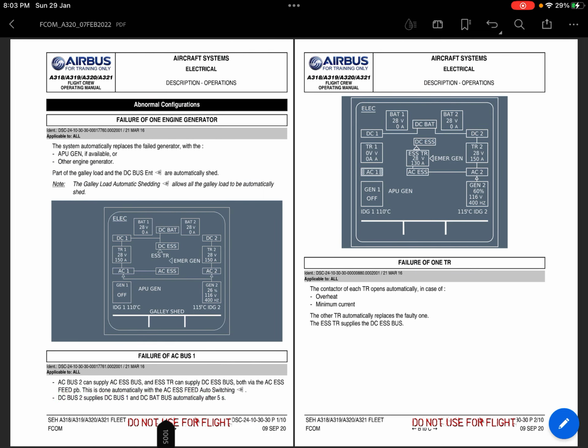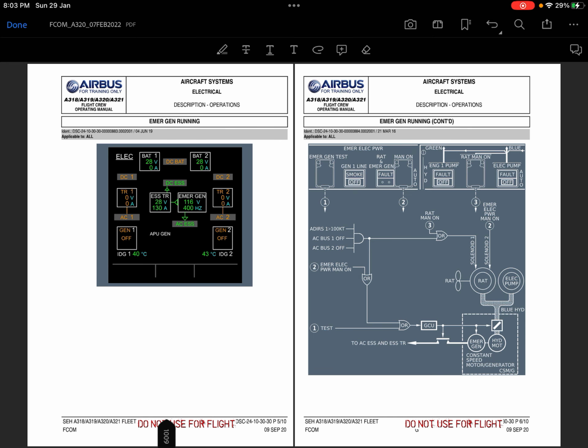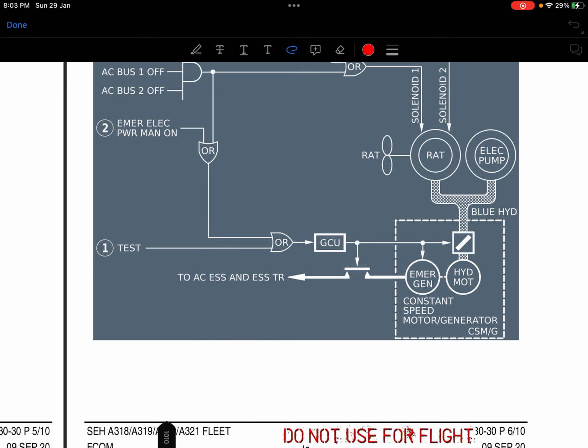I will show you where it is exactly. Okay, here is the diagram. These are very small things, and you want to be able to figure them out by yourself. So this RAT turns the hydraulic motor, which supplies the emergency generator.